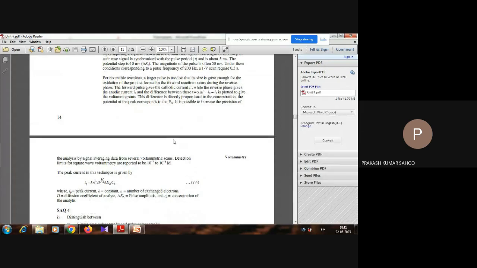So these are the things you should remember for your examination. And just see here, the magnitude of the pulse is 50 millivolt. So here delta EA we may put as 50 millivolt.